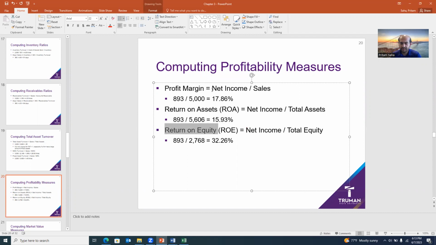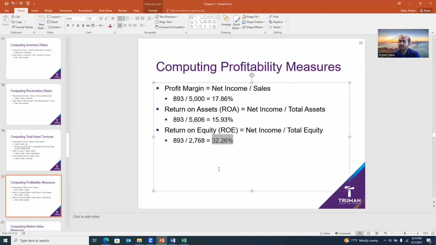So the formula is here: net income scaled by sales. You can interpret it as: by producing $100 worth of sales, the company is finally able to generate a profit of $17. Return on assets: by investing $100 of assets, the company is able to generate $15 of profit.